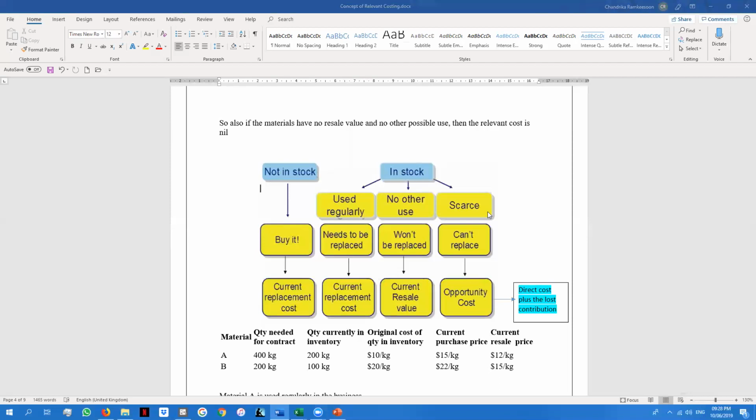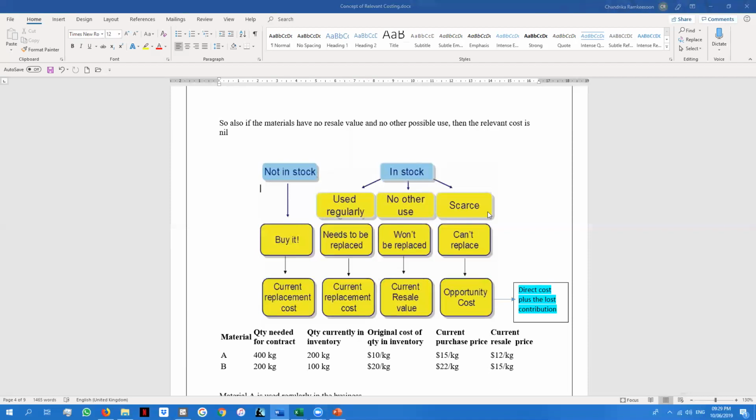But if you've got to use the scarce material in this customer's job, it means that it cannot be used on your normal production. So you're going to be losing out on contribution from your normal production. So you'll tell the customer, look here, you're going to have to pay a premium for the material part of the job. The customer says, how?